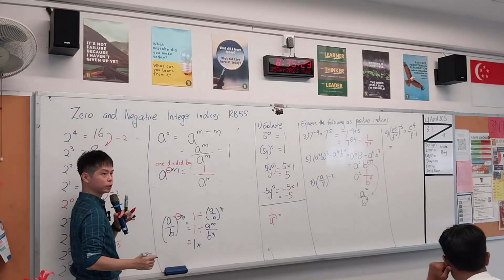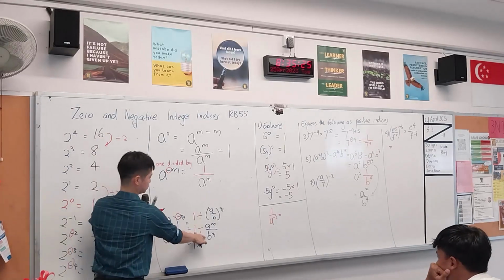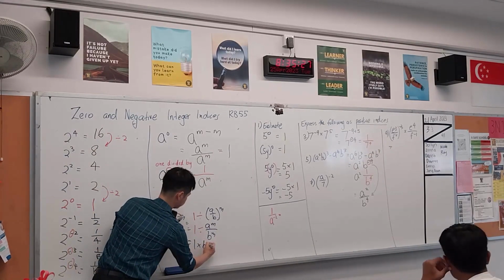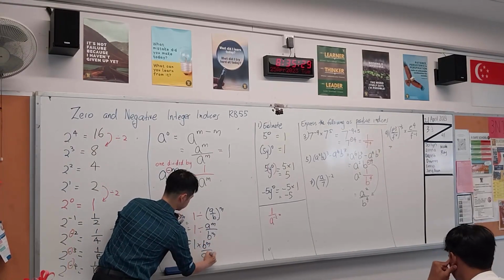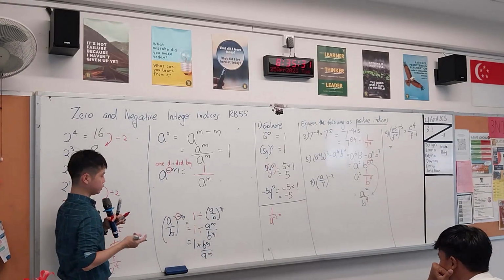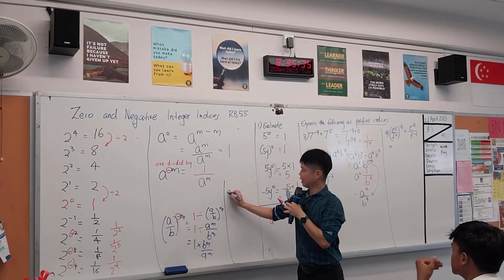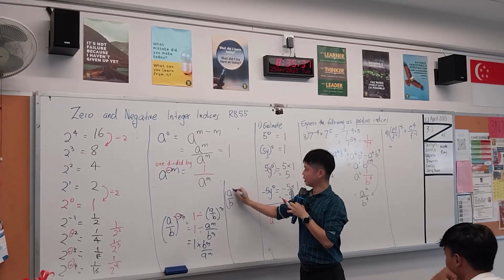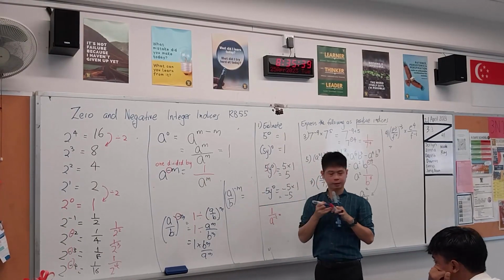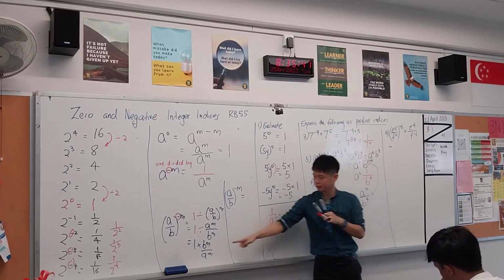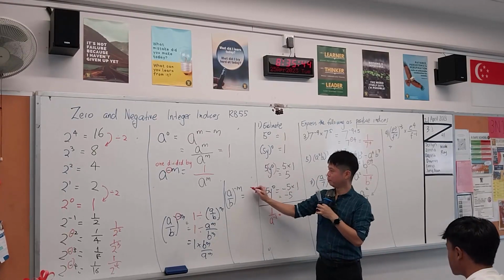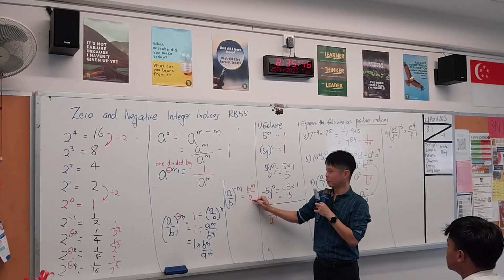What must I do when I change to times? I must flip it. And the conclusion? A over B power negative M will become B power M over A power M.